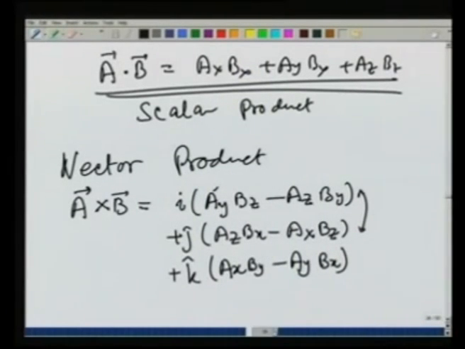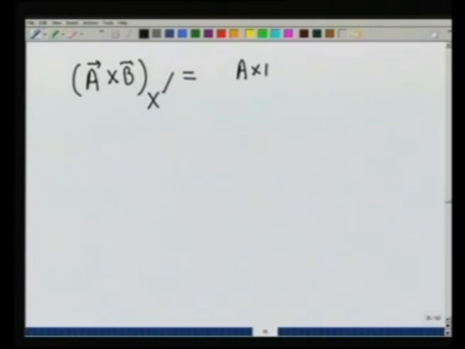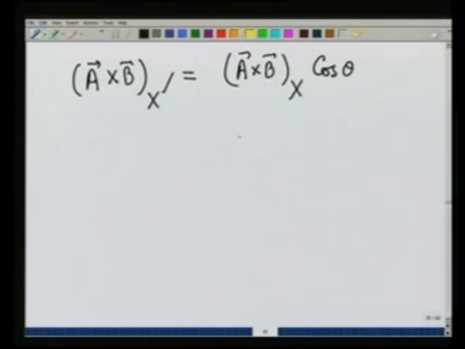And I leave it as an exercise to show that A cross B, if I take its component in x prime direction, is equal to A cross B x component cosine of theta plus A cross B y component sine of theta.